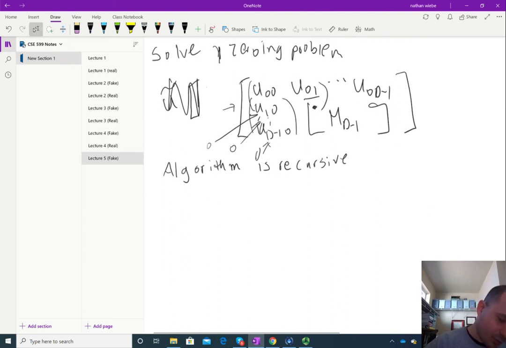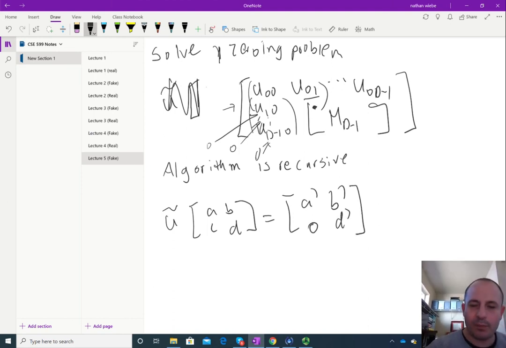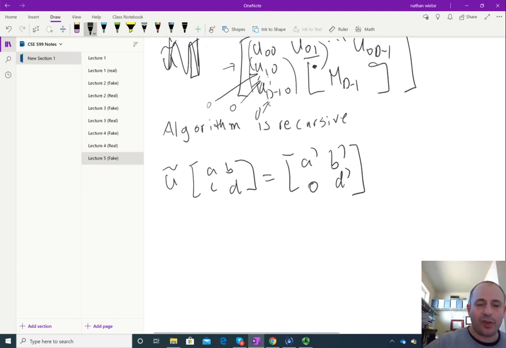So to see how this works, we know that we can apply a unitary to any two-dimensional space. We just need to figure out what that two-dimensional unitary should be. So we need to figure out a unitary such that U tilde acting on A, B, C, D is equal to A prime, B prime, 0, D prime. Okay? And actually, we can figure this out pretty easily.